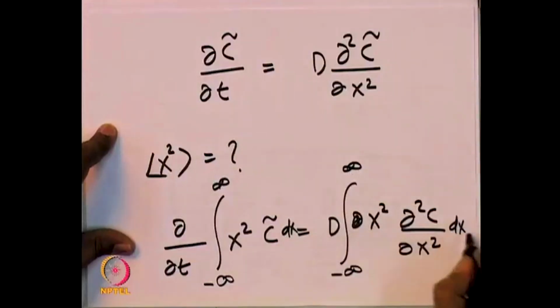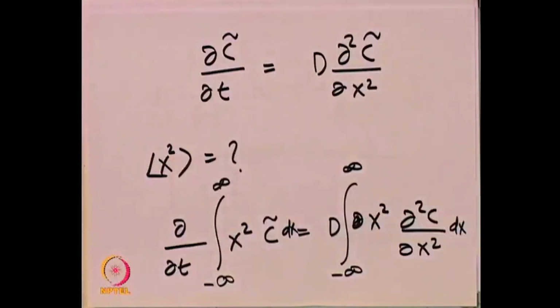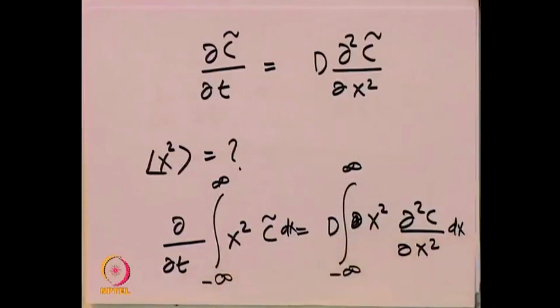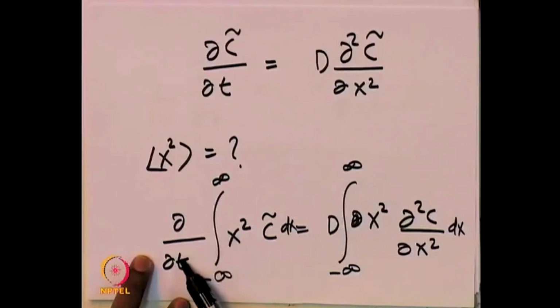dx. So, what did I do? I just multiplied both sides with x square and integrated both sides. Nothing will change. I multiplied both sides with x square, I integrated both sides with respect to x. Now, here the derivative is with respect to time and this is a partial derivative. So, it does not matter whether I take the derivative outside, and the integral is with respect to x.